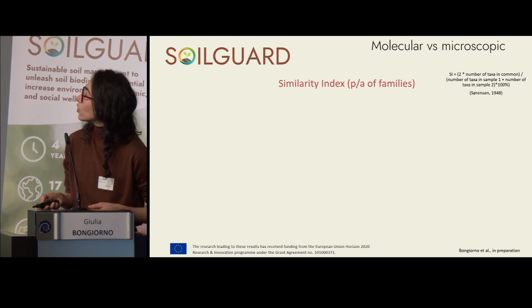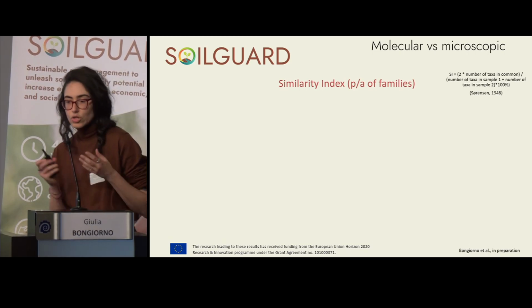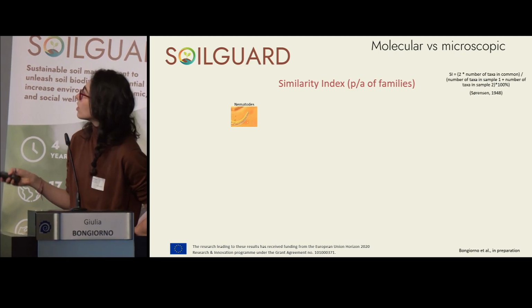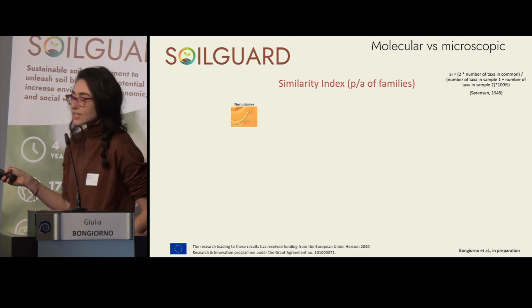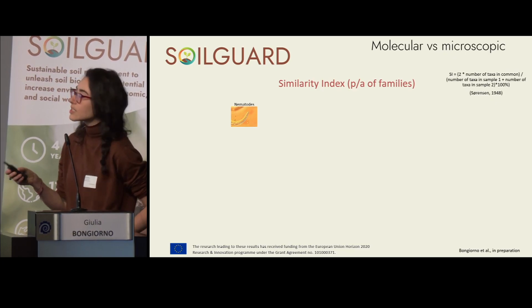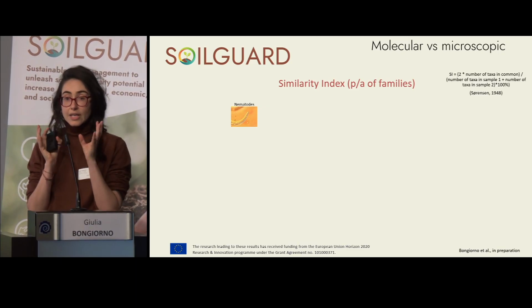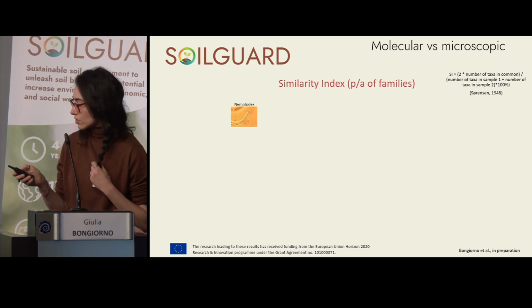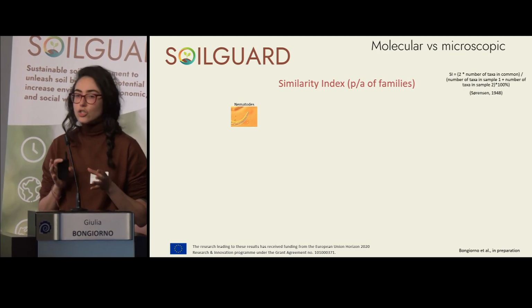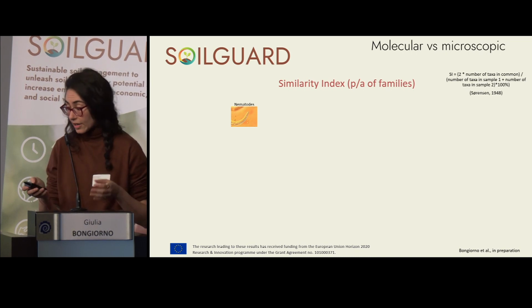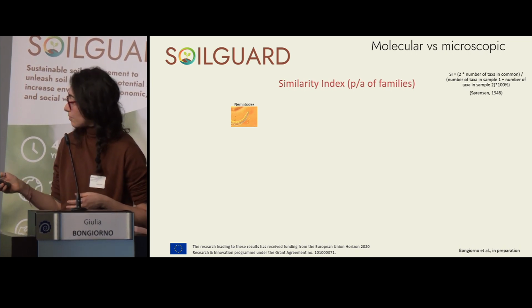So here I will go a bit into the results. I will try to be brief because I don't have a lot of time. Here I will show you the similarity index, which is basically linked to the presence or absence of families, in this case of nematodes, and it shows for each sample how similar the results are depending on the methods used, so how much the 2 methods agree in finding these taxa.